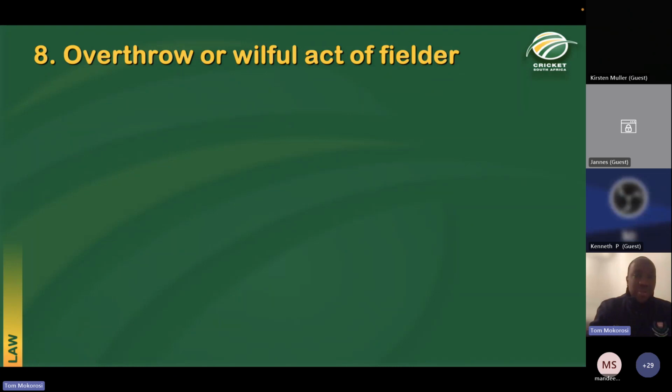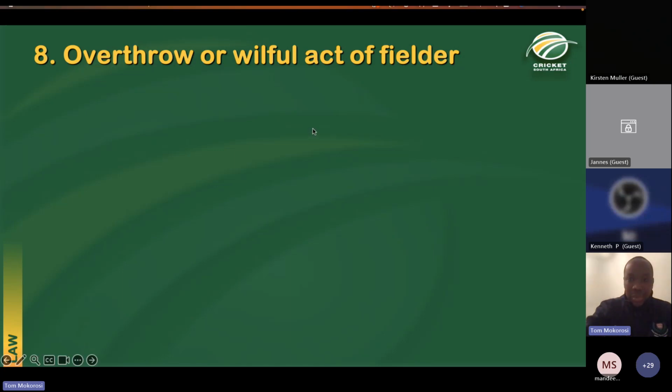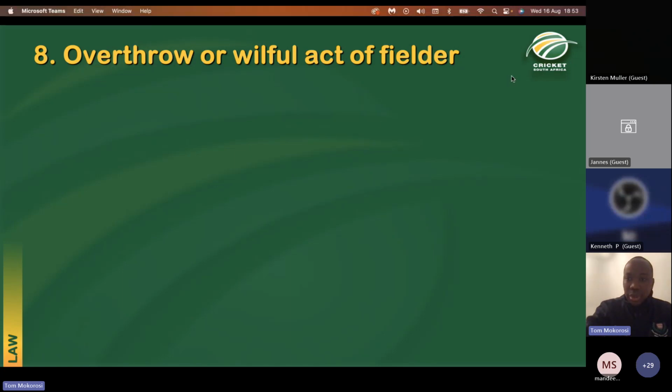Right. Then we've got overthrows or willful acts by a fielder. An overthrow, for those of you who don't know, is when a striker hits the ball to a fielder and the two batters start running, and the fielder attempts to run out either batter by throwing the ball at one of the wickets.